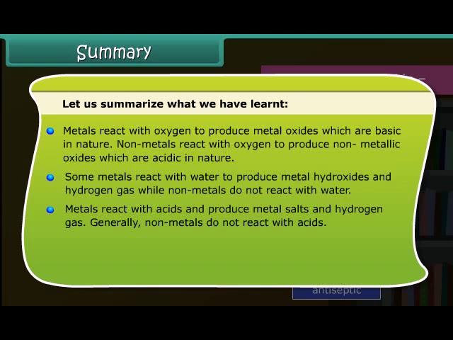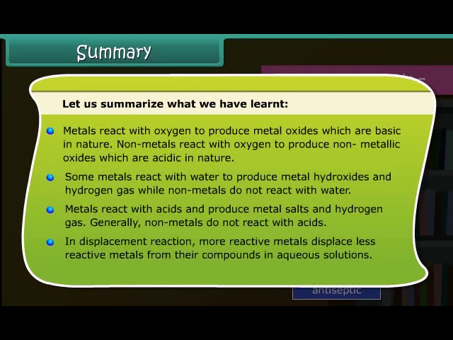Metals react with acids and produce metal salts and hydrogen gas. Generally, non-metals do not react with acids. In displacement reaction, more reactive metals displace less reactive metals from their compounds in aqueous solutions. Metals and non-metals are used widely in everyday life.